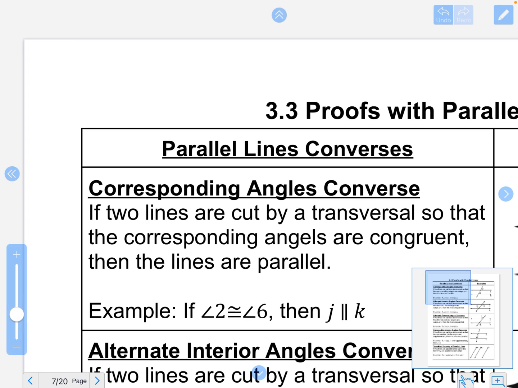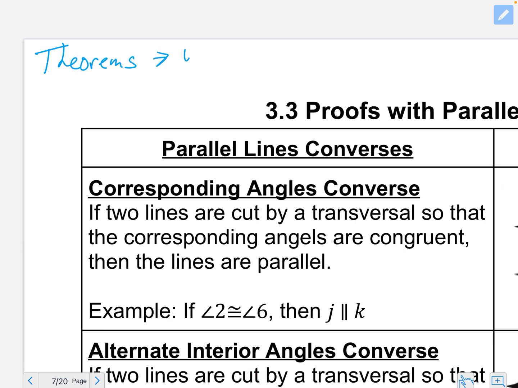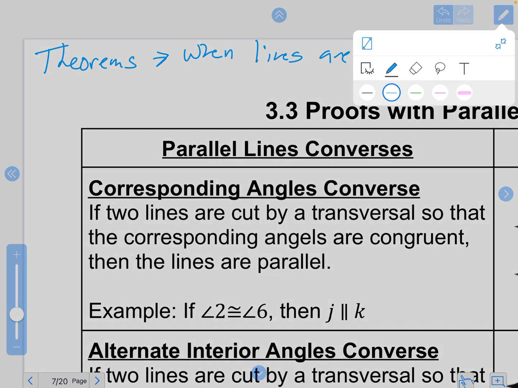Before we get started with this one, I want to make sure that we understand a couple of concepts. We are going to use our theorems from yesterday when lines are parallel. We are only going to use our traditional theorems when we know that two lines are parallel.